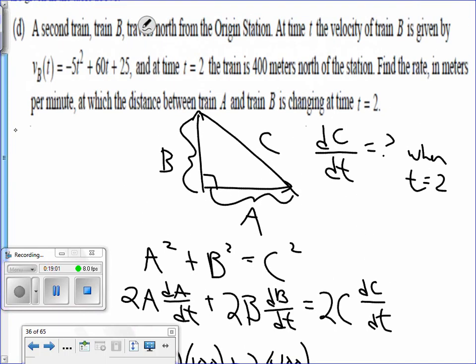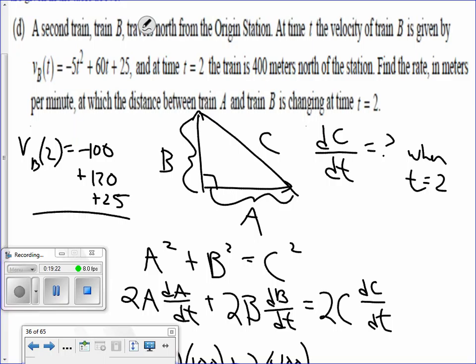All right, let's plug 2 into this. So 2 squared would be 4 times negative 5. That's negative 100 plus 120 plus 25. 45?